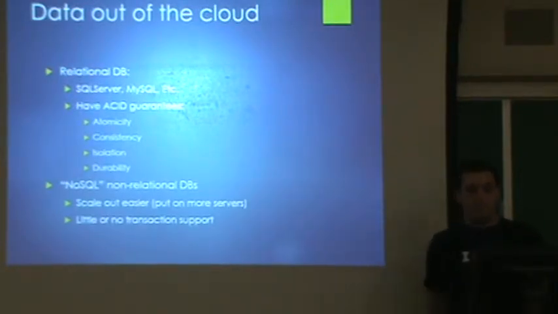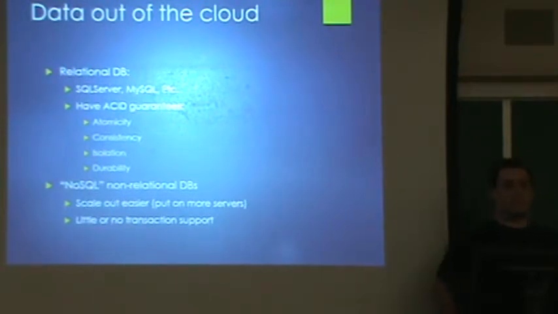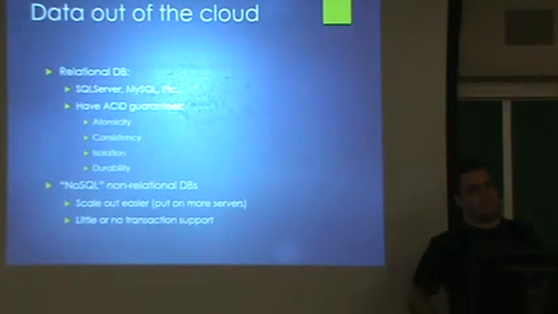So when you're not in the cloud, you're typically using a relational database. For those of you who have taken databases, you probably remember the ACID guarantees: atomicity, consistency, isolation, and durability. Each transaction is guaranteed to happen at once.